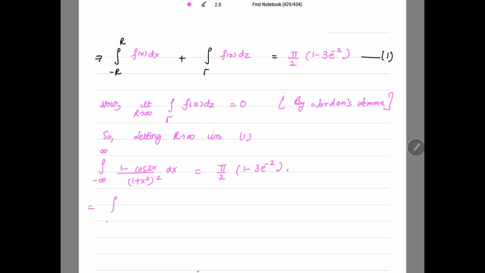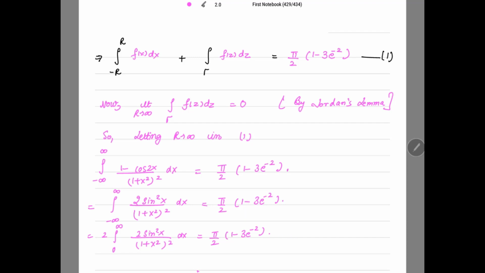This will change to minus infinity to plus infinity of 2 sine square x over (1 plus x square) whole square dx is equal to pi by 2 times (1 minus 3 e to the power minus 2). Again, this is your even function, so this is 0 to infinity twice, right? So 2 sine square x over (1 plus x square) whole square dx is equal to pi by 2 times (1 minus 3 e to the power minus 2).